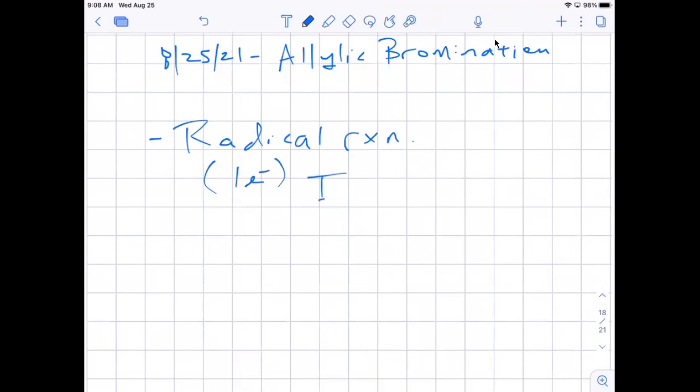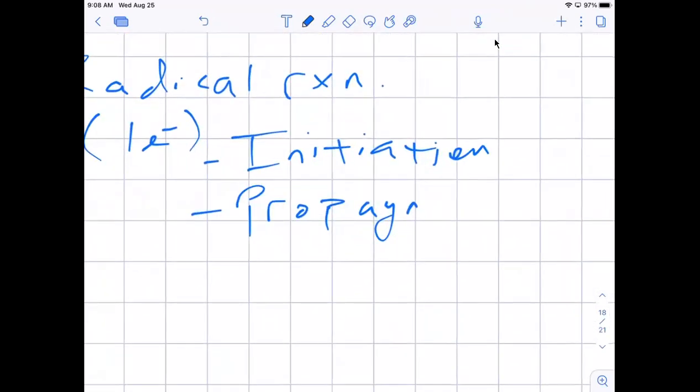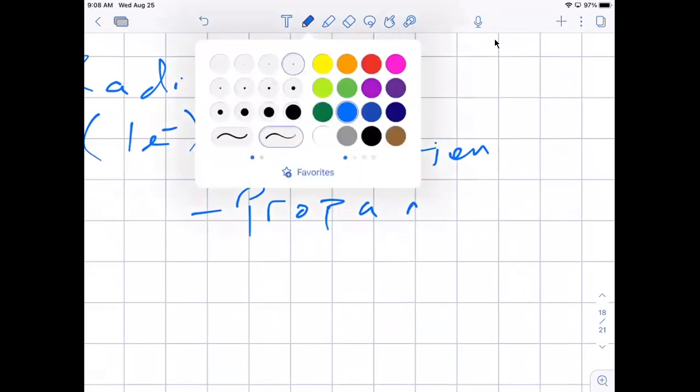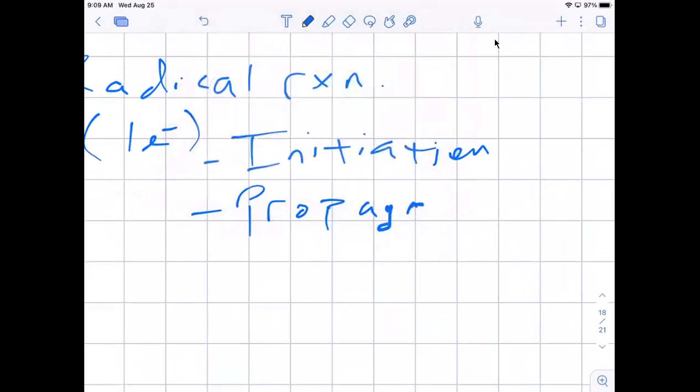So you have initiation, then you have propagation, and then you have termination.